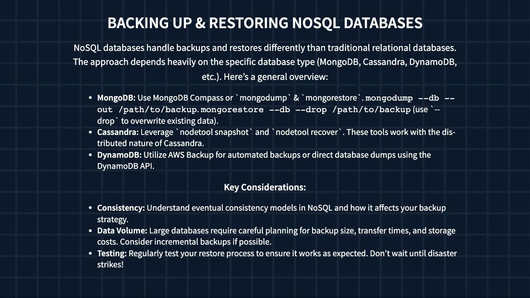And DynamoDB? AWS Backup is a great automated option, or you can use the API directly. Remember that many NoSQL databases operate on eventual consistency, so be mindful of how that affects your backup strategy, and always test those restores. It's crucial.